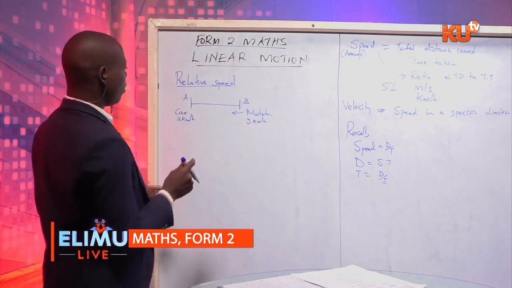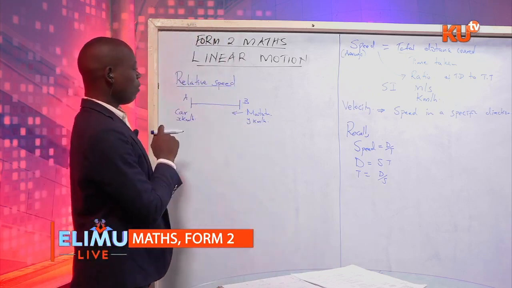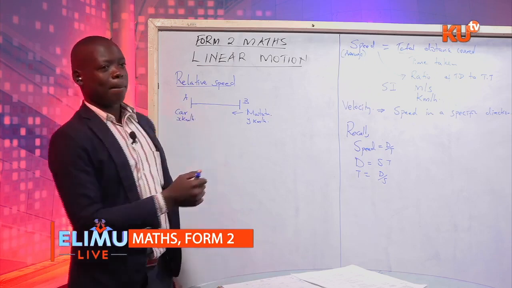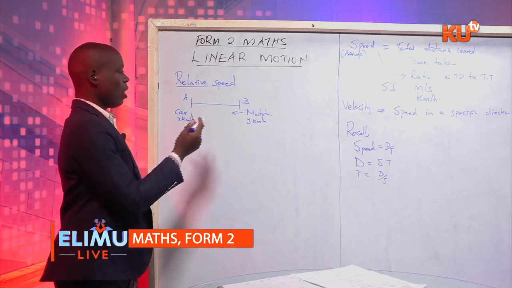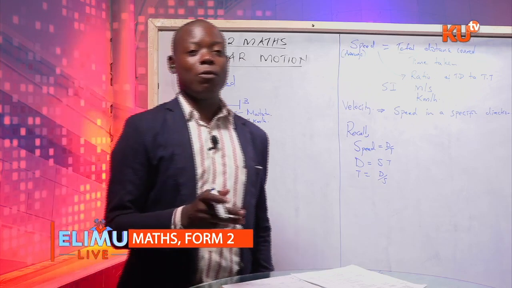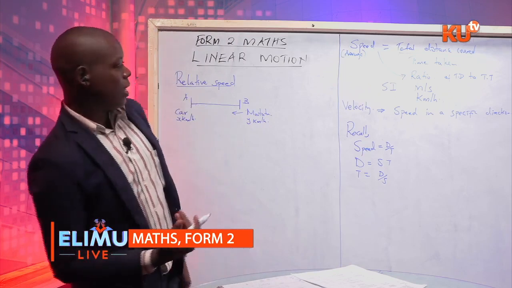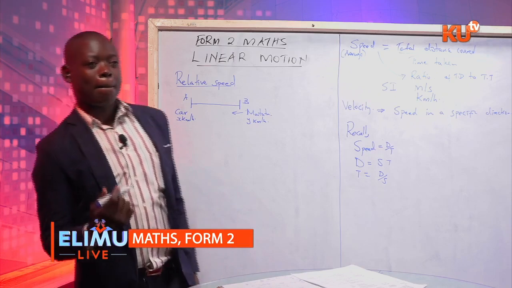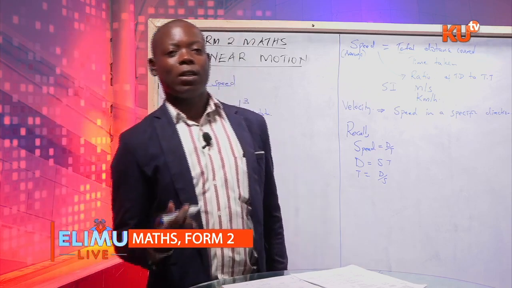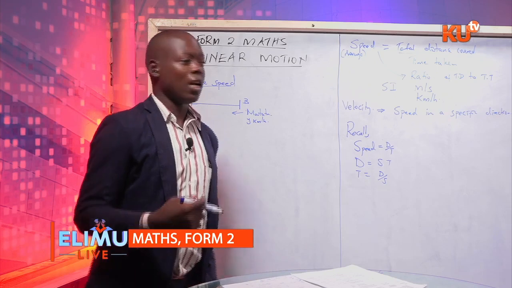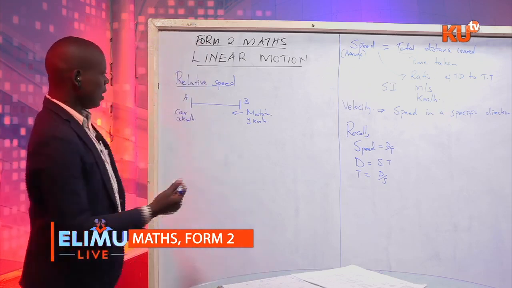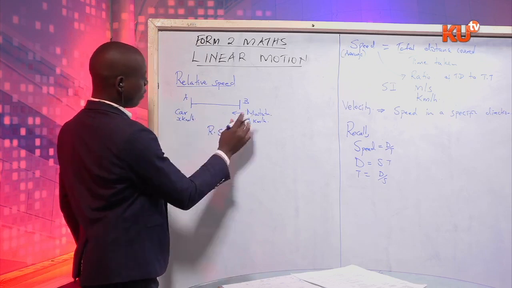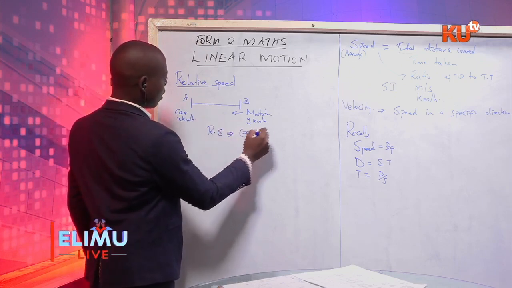But if they are moving along the same path, there is a point where they will meet, whether it is closer to A or closer to B, depending on which one moves faster. And so that is what we call relative speed. In this case, the relative speed is the sum of the speeds, x plus y kilometers per hour.